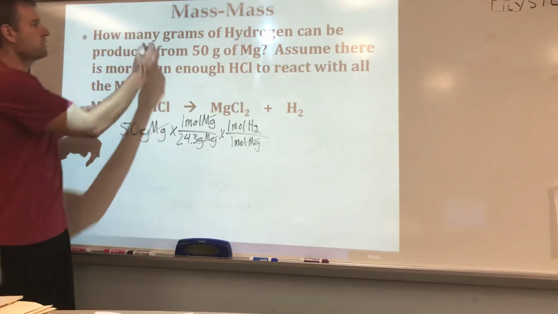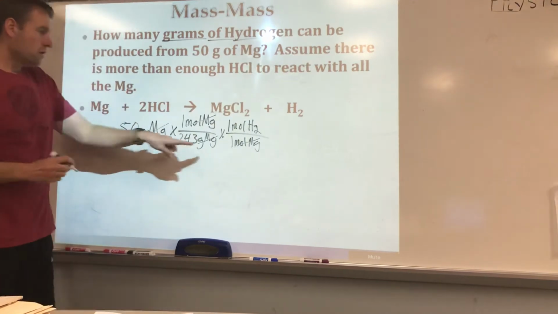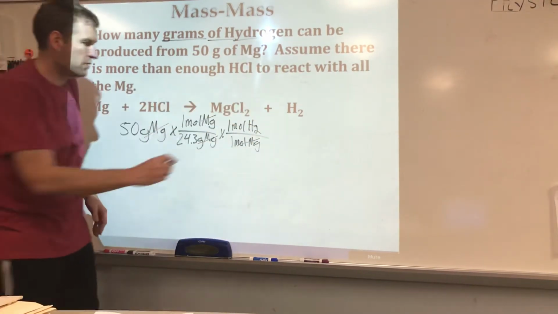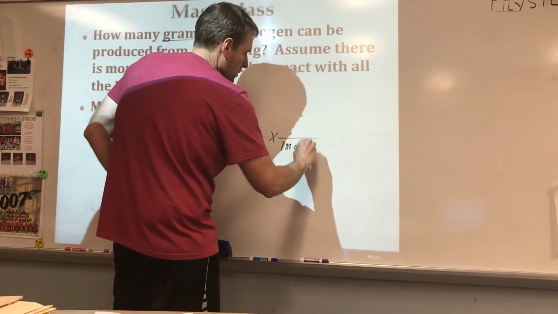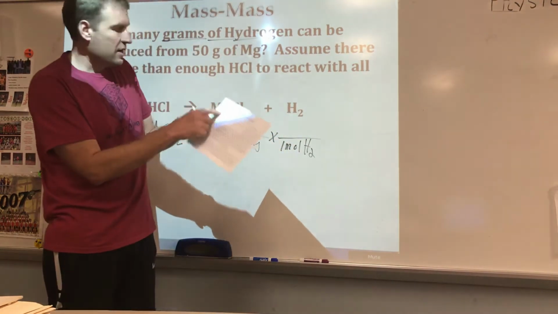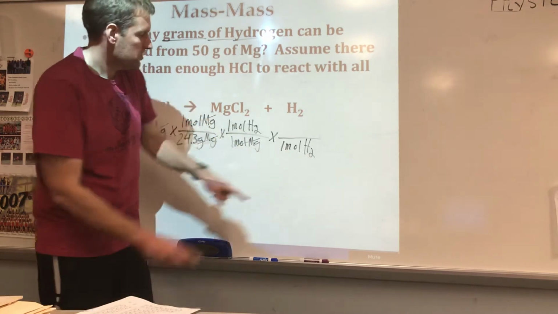But the question is, how many grams of hydrogen? So the last step is converting moles of hydrogen to grams of hydrogen. In 1 mole of H2, we know hydrogen's just 1, but there's 2 hydrogens for every molecule, so 2 grams.